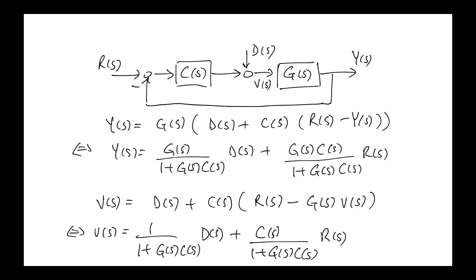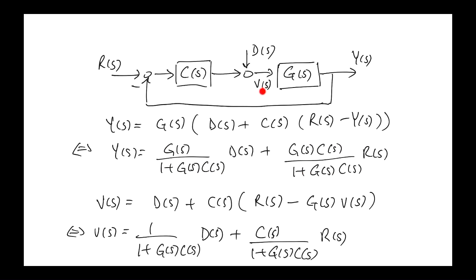So if we take this term, which depends on y, onto the other side, we'll end up on the left-hand side with 1 plus gc times y. If we divide both sides by 1 plus gc, we get this expression for how y depends on the input d and the input r, and it's via these so-called sensitivity transfer functions.